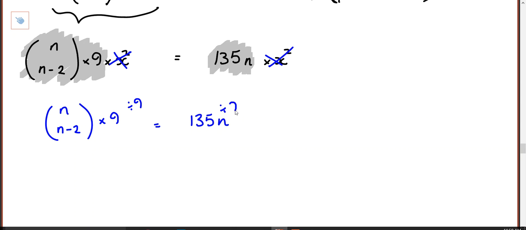So that leaves me with n over n minus 2 is equal to, you tell me, 135 divided by 9. Use your calculator if you like. 15. Yeah. So 15n.